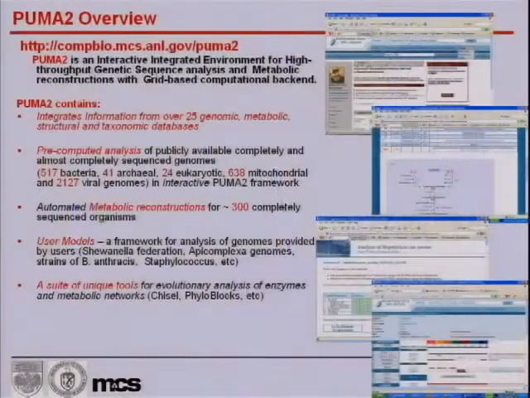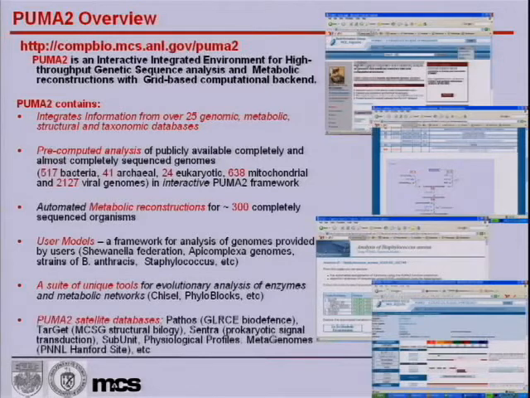So we have a suite of unique tools for evolutionary analysis of enzymes and metabolic networks. I told you, we don't wait for tools, we just go ahead and build them. And we have satellite databases, because we want to look at certain parts of the biological story in more detail, and also because some people are paying us money to do that.